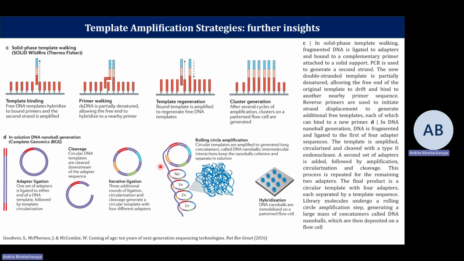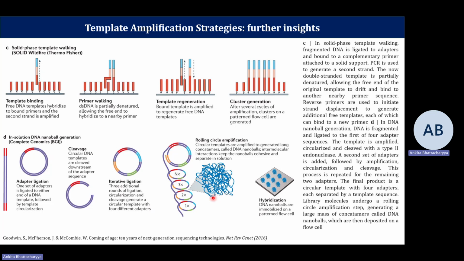Instead, there is a constant synthesis in a loop-like manner, and these intermolecular interactions between these entities are what keep the nanoballs cohesive and separate in solution. Then, through hybridization, the nanoballs get immobilized on a patterned flow cell. Then the process is repeated for the remaining 2 adapters.